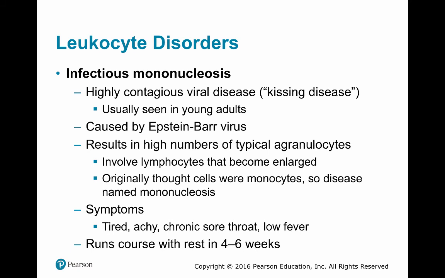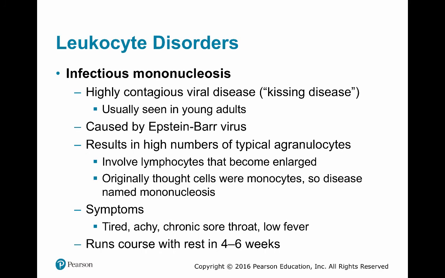It ends up looking like a normal cold symptom. The problem is as you age, your body becomes less adept at dealing with it. It results in a higher number of atypical agranulocytes, involving lymphocytes that become extremely enlarged. They used to think it was monocytes, that's why they called it mononucleosis, but it actually involves lymphocytes.